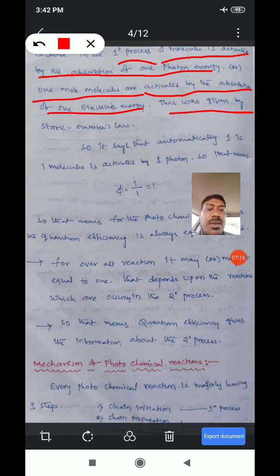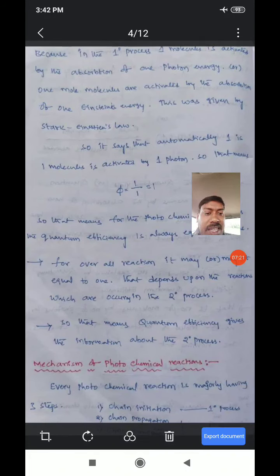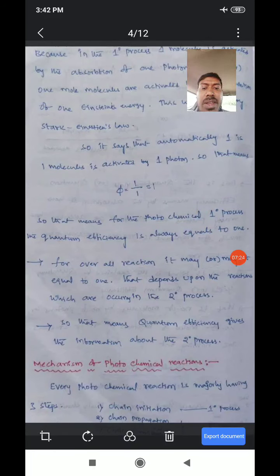So it says that automatically one molecule is activated by one photon. So phi is equal to 1 by 1, that is equal to 1. That means for the photochemical reaction, the primary process quantum efficiency is always equal to 1.